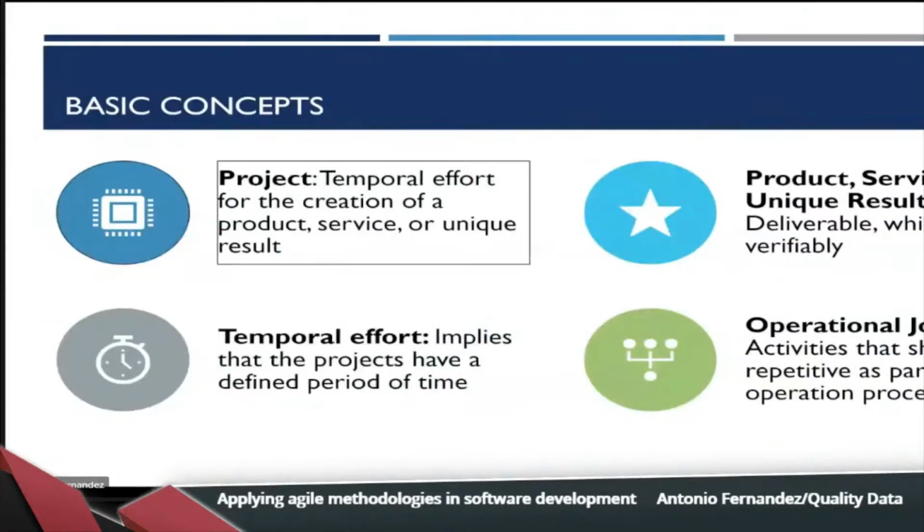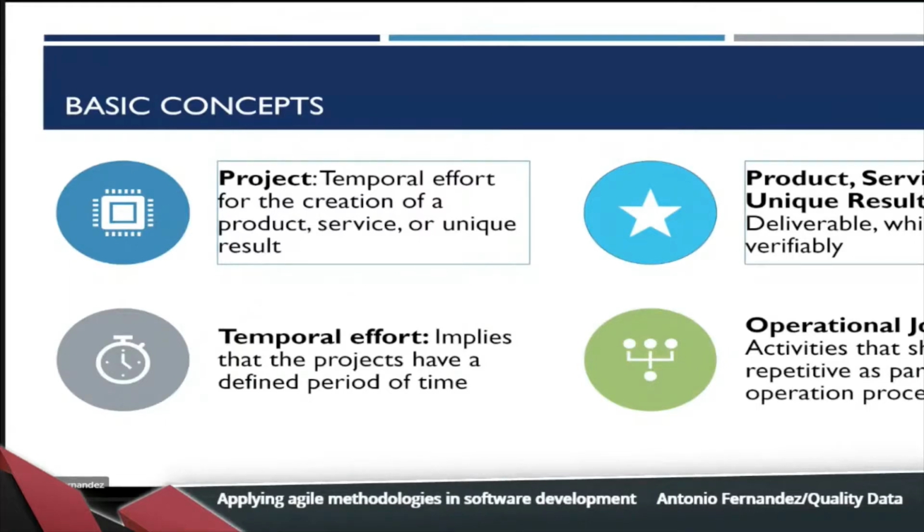First, according to the Project Management Institute, a project is a temporal effort for the creation of a product, service, or unique result. A product, service, or unique result is a deliverable that becomes verifiable.